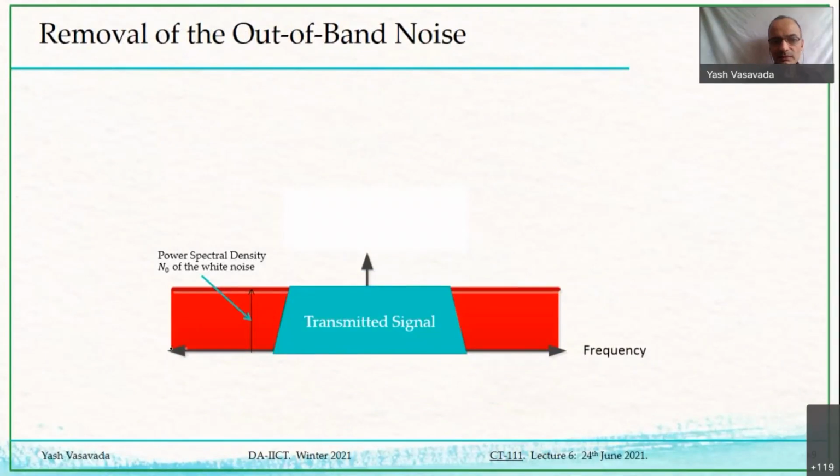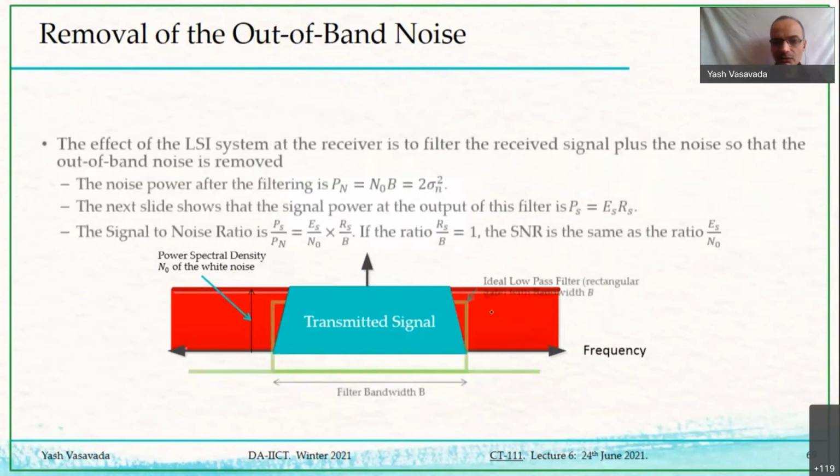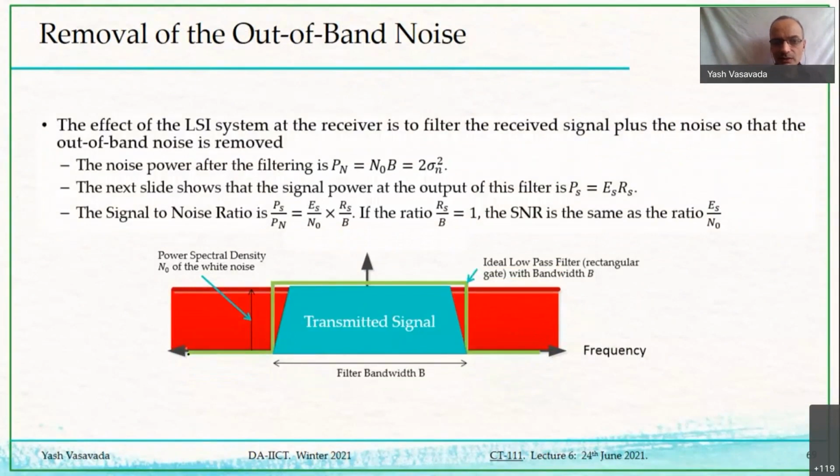In the communication system, we have our desired signal in frequency domain, which is located over a certain bandwidth. But there is a lot of out of band noise. So what we do is we multiply in frequency domain the received signal with this gate, which is given in the green. And this is called an ideal low pass filter, because it will reject all the high frequencies.